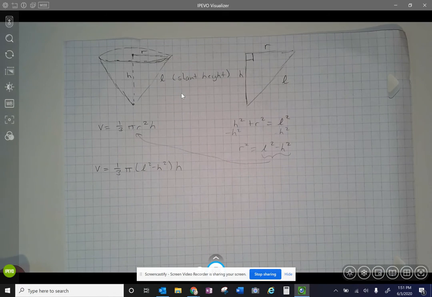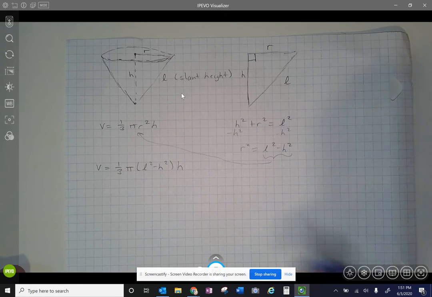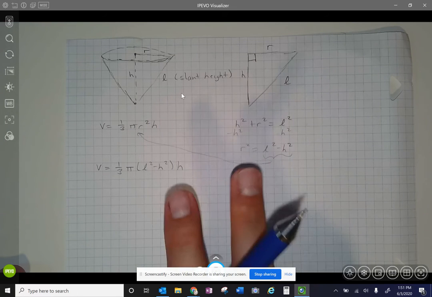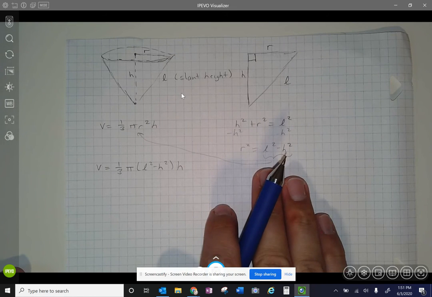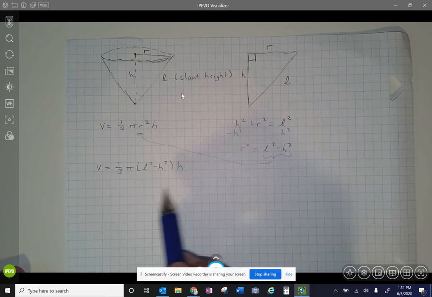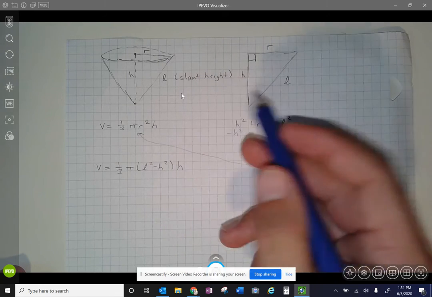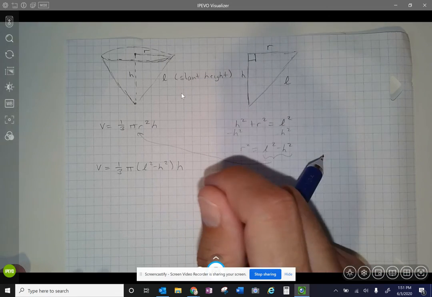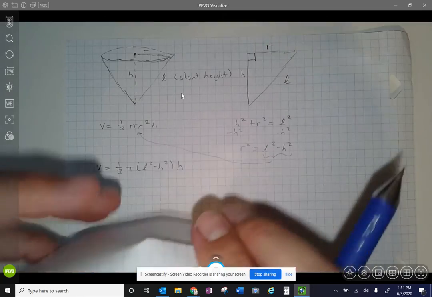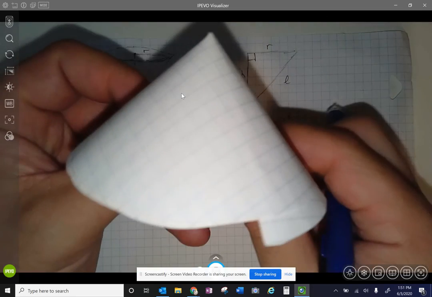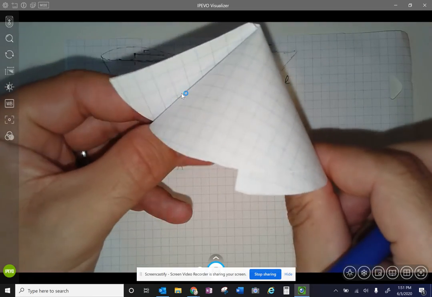Now, you might be saying that's not in one variable, that's in two variables. Be careful, because remember that demonstration where we saw that the slant height wasn't changing? Well, my slant height is actually a constant, meaning no matter how much I fold this, my slant height always stays the same.